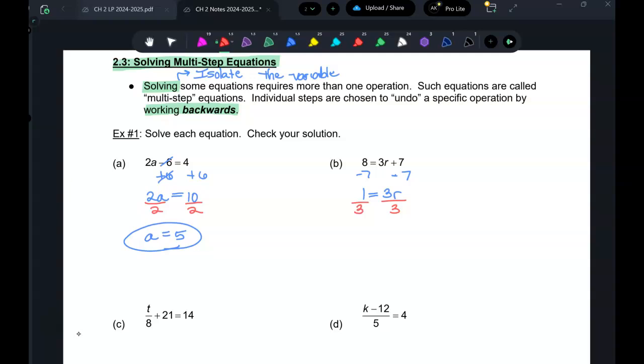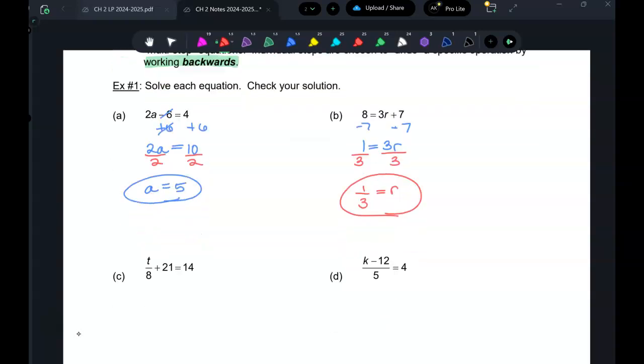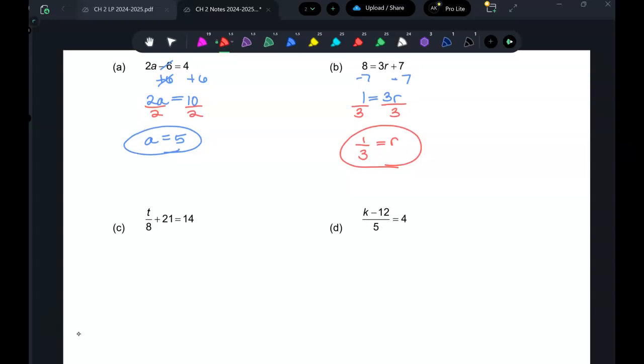Now, 1 is not divisible by 3, so we just have the fraction 1/3. Could I also write r equals 1/3? Yeah, you can put the r equals 1/3 at the end.